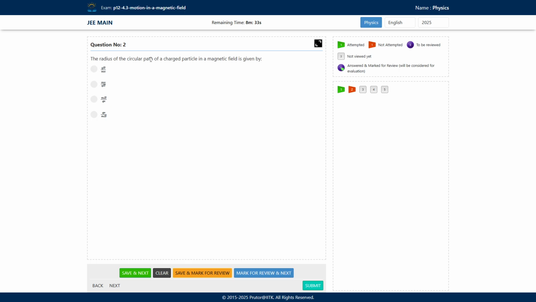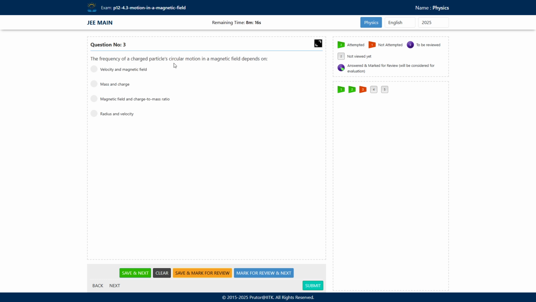So the radius of circular path of the charged particle in a magnetic field is given by... Okay, someone is saying second option.